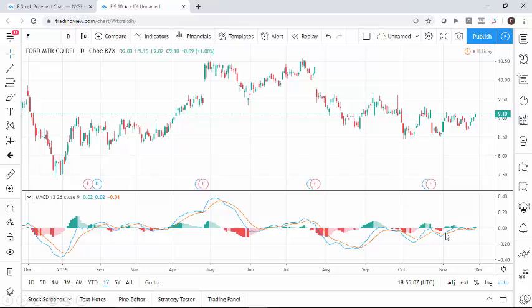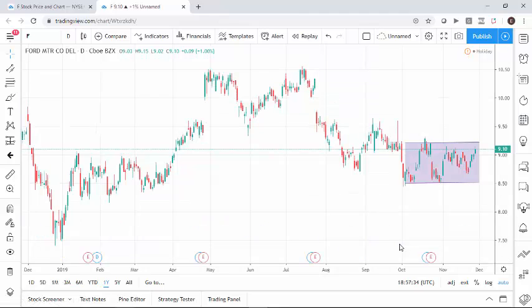So when we cross underneath the zero line, it typically is a bullish sign. But with this current signal being so tight, even right around the zero line, again, I would go with inconclusive on the MACD.